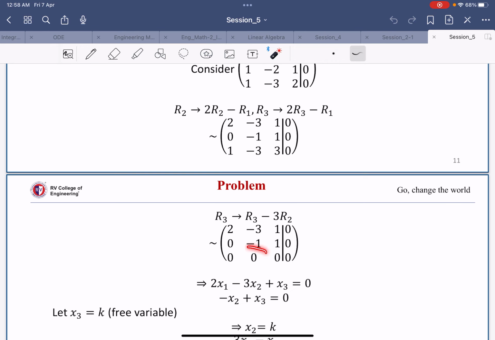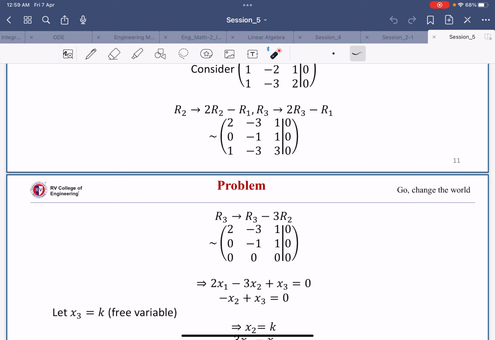So this third row will be completely 0. So we get to know that the rank is 2. The rank of the matrix A is 2, right?